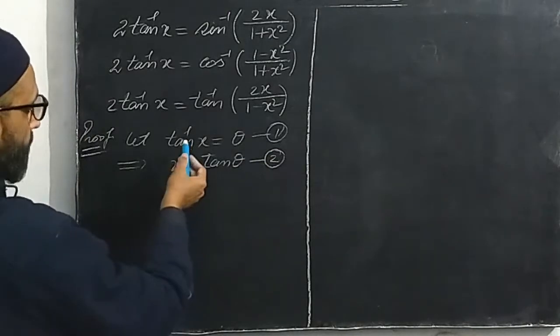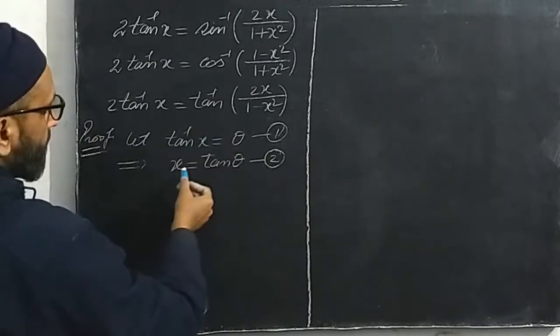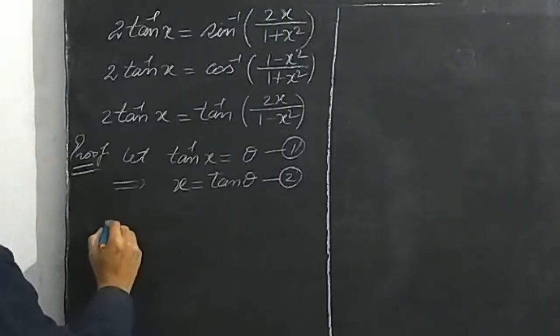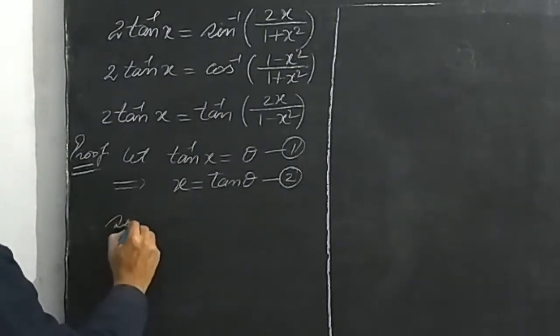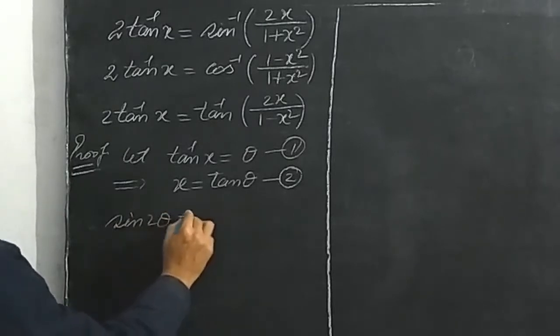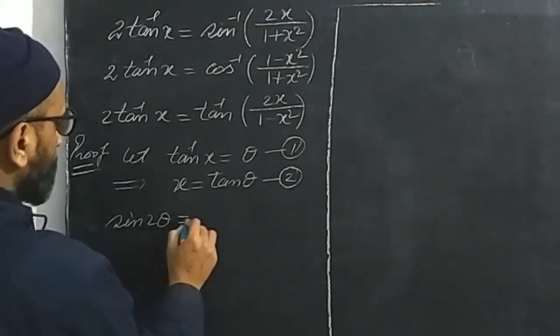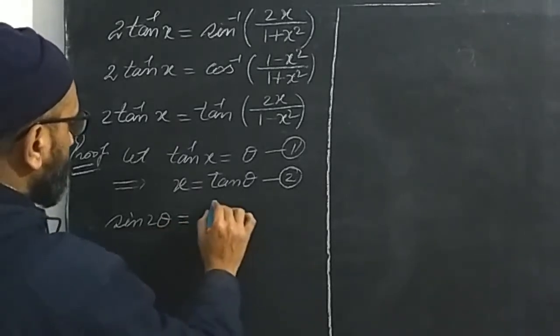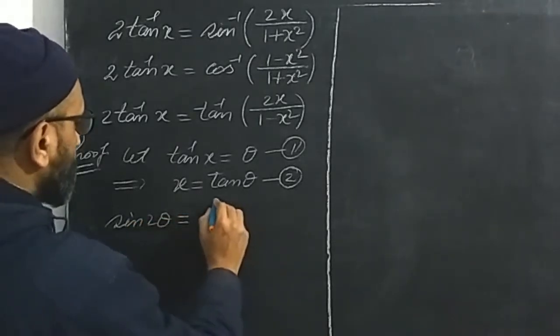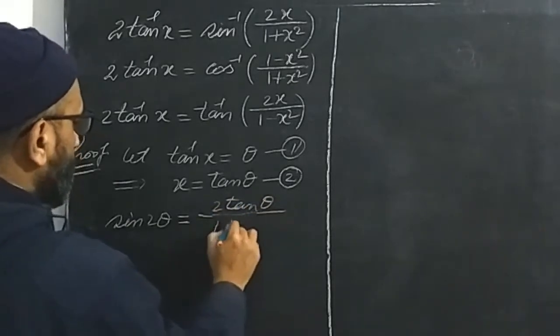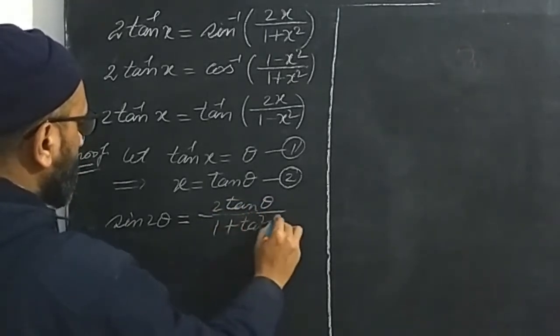By inverse trigonometric functions, if tan inverse x is equal to theta, then x must be equal to tan theta. You know that. We have to write down the formula of sine 2 theta in terms of tan theta. As we know, sine 2 theta is equal to 2 tan theta upon 1 plus tan square theta.